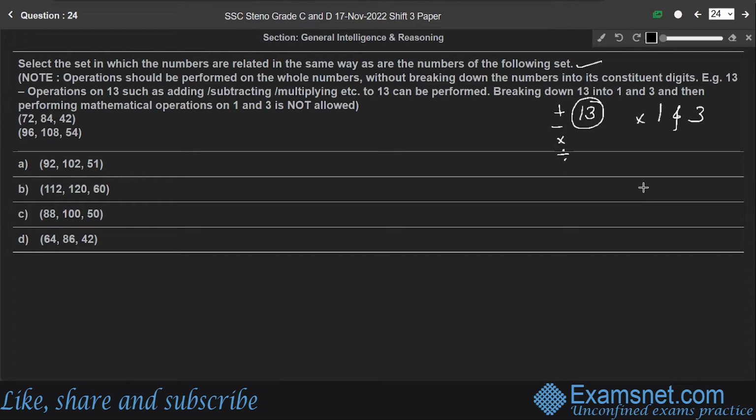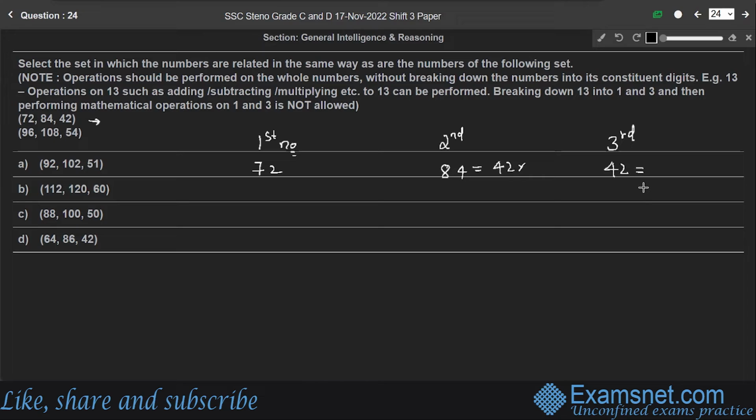You should not break down the number 13 into its constituent digits. Keeping this in mind, consider the first set: 72, 84, and 42. This 42 is half of the second number, or the second number is 42 into 2.